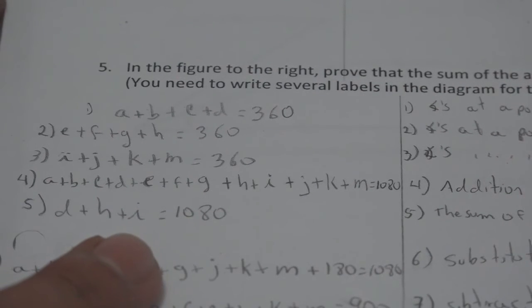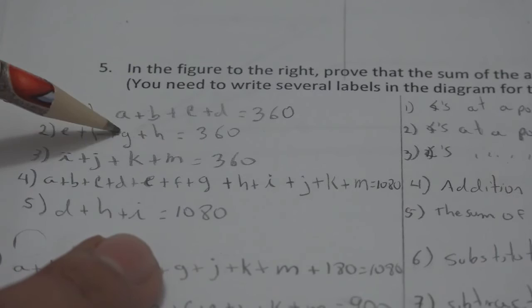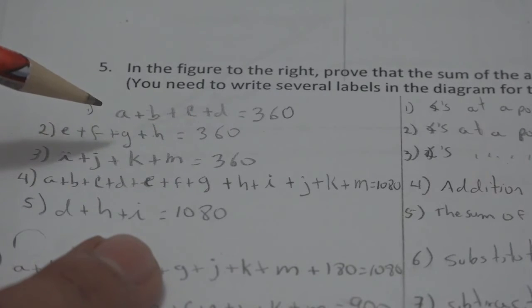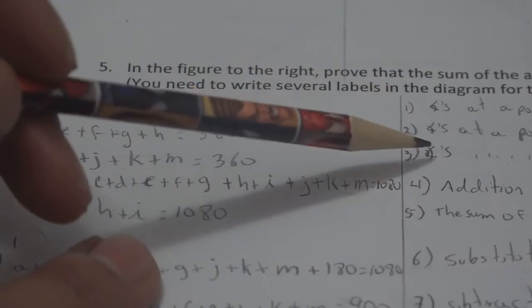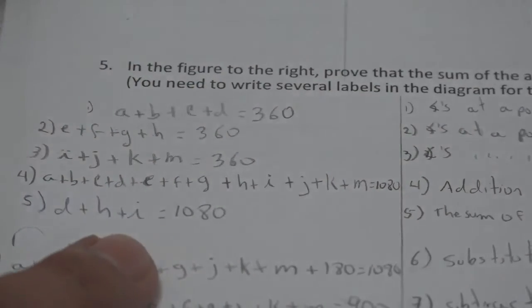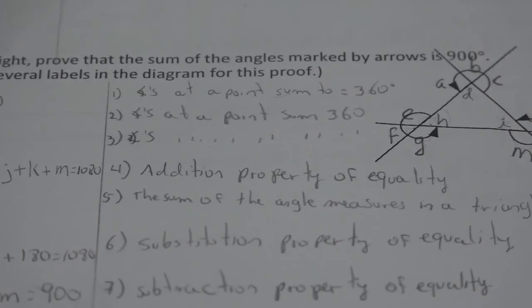Then I said, again, the next set of angles: E plus F plus G plus H equals 360. Why? Because angles at a point sum to 360. Then I did the same thing for the other one. Angles at a point, and I got tired of writing, so I just wrote little quotation marks, or little commas, in there. Okay? Good.